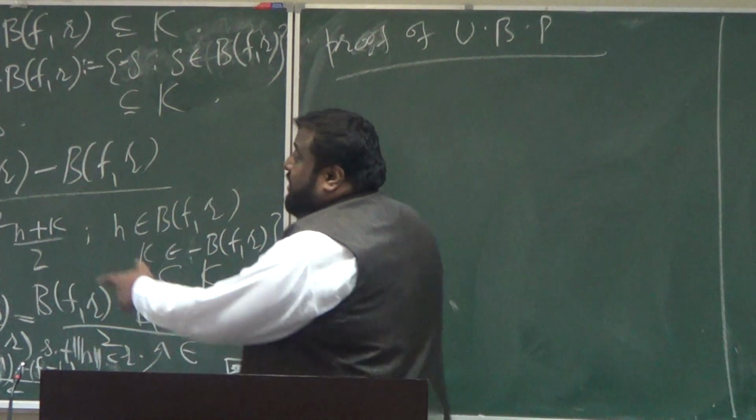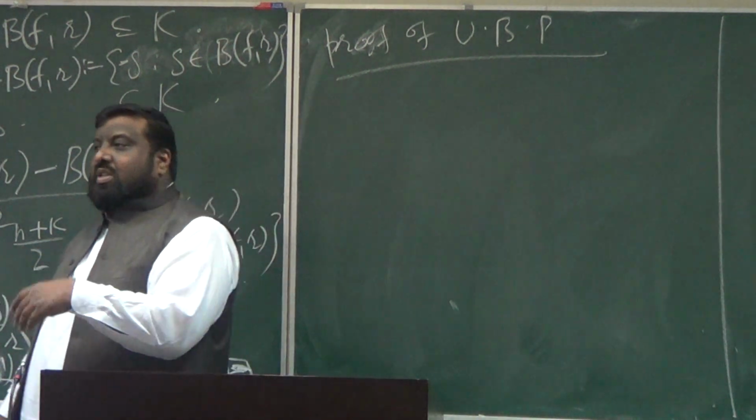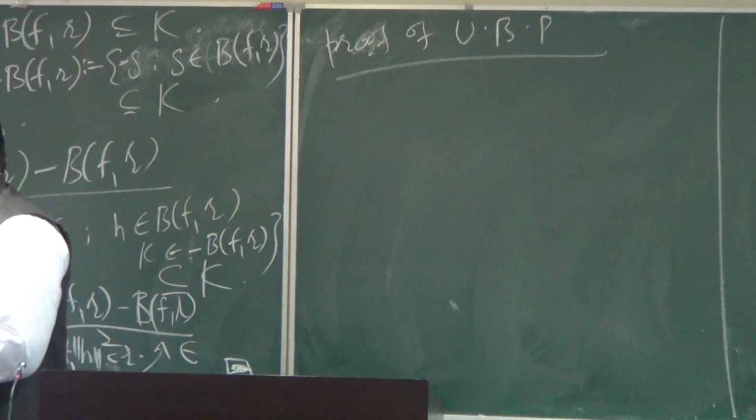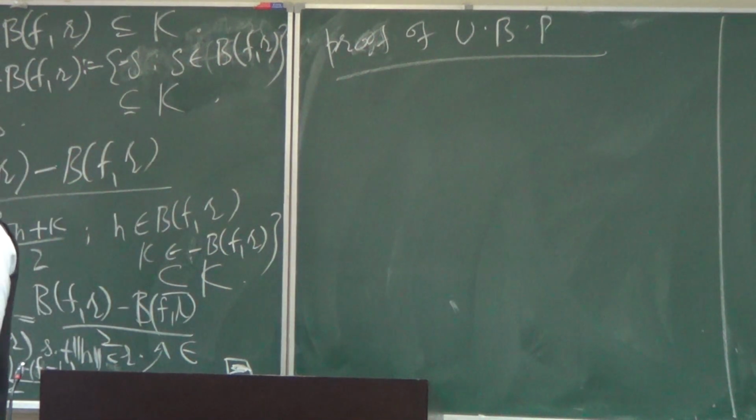One side is pretty much obvious. So what was the uniform boundedness principle? That a collection of linear operators is uniformly bounded if and only if it's pointwise bounded, provided that the domain of the operators is a Banach space.